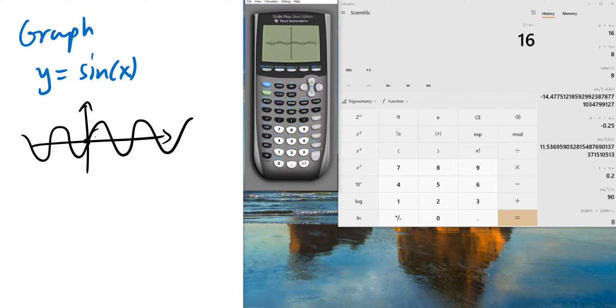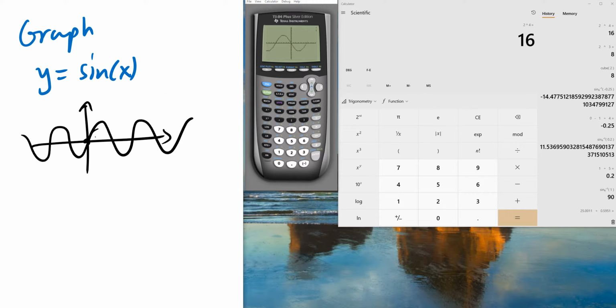That will give me the wavy function, and then you can play around with whatever you want. Let's say I want to graph 3 cosine 2x. It doesn't have to be just standard. Do you see how the amplitude is 3 and the period is smaller? If you want to graph a different one, let's say -5 sine x over 2, so x divided by 2, close it and then graph it.